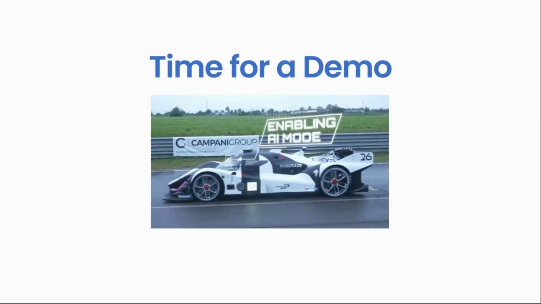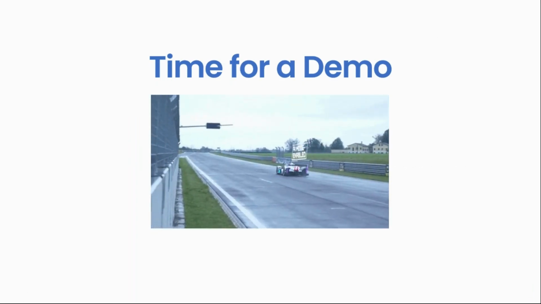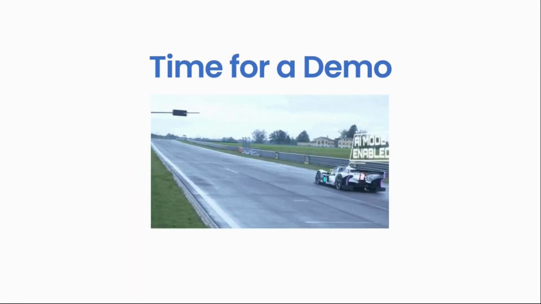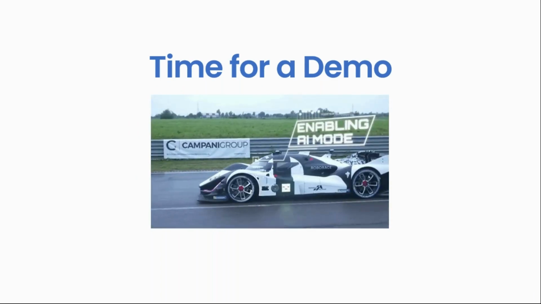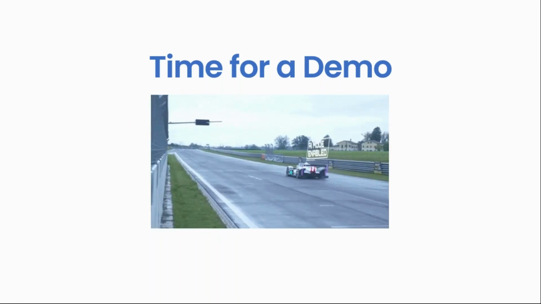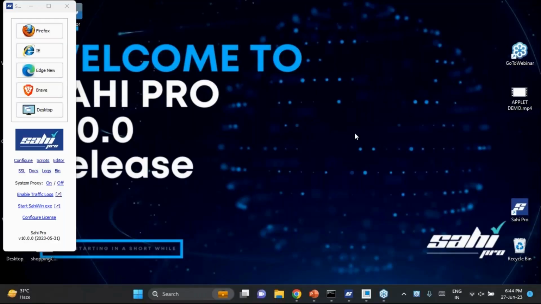Now let us see how whatever we have discussed, we can do it in the demo. The first thing which we would like to demonstrate is BDTA with different languages.